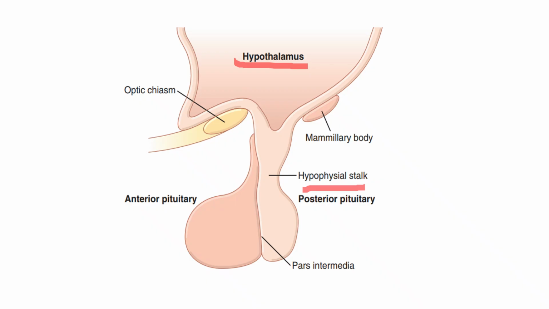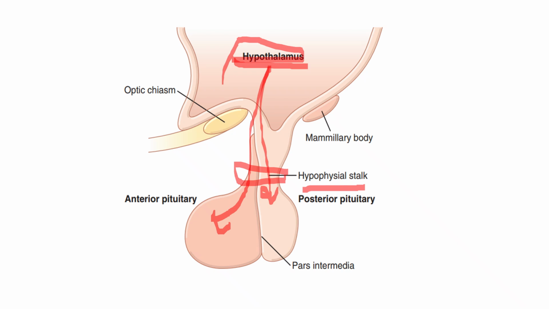The hypothalamus is located above the pituitary gland, and it controls the pituitary through hormonal signals to the anterior pituitary and neural signals to the posterior pituitary through the hypophyseal stalk. The infundibulum or hypophyseal stalk is the thin connection between the hypothalamus and pituitary gland, and it carries axons and blood vessels that enable communication between the two structures.